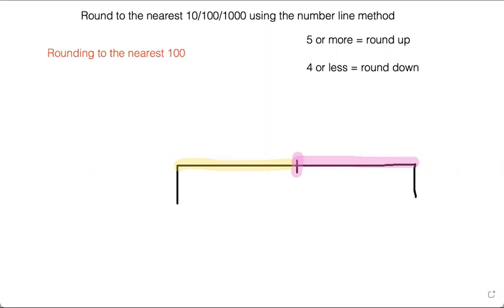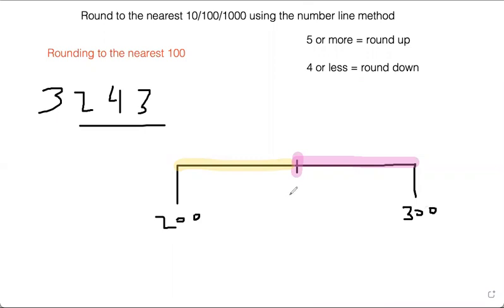Okay, now let's try rounding a 4-digit number, 3,243 to the nearest 100. The nearest 100 means we're looking at these numbers here because those are the hundreds numbers, 243. And we say 243 is in between 200 and 300.